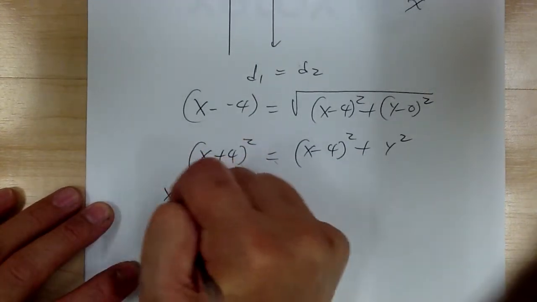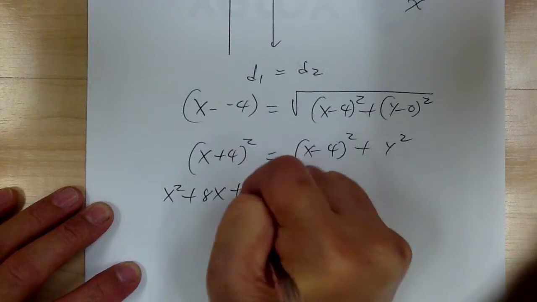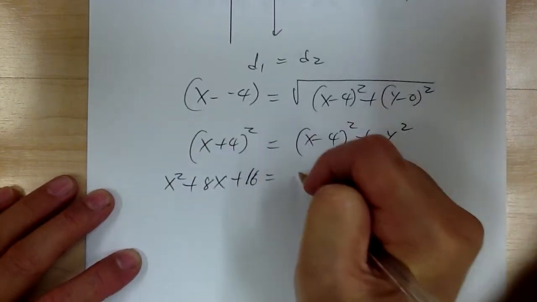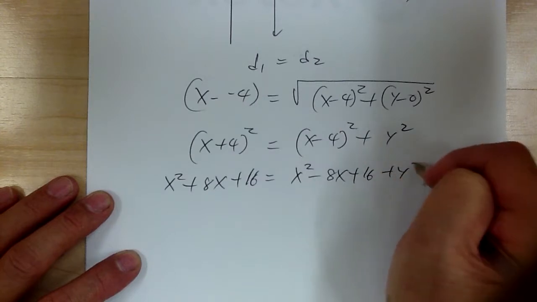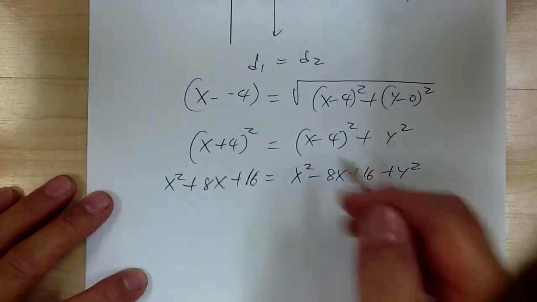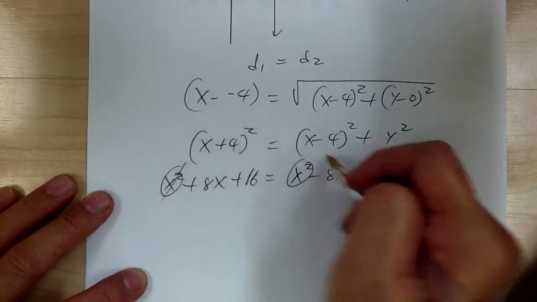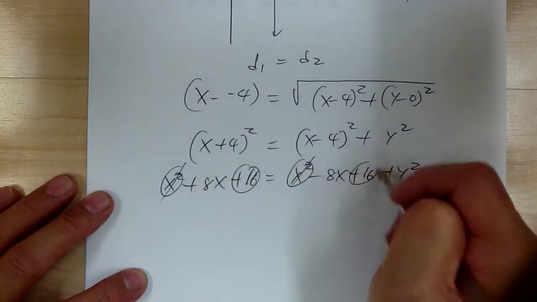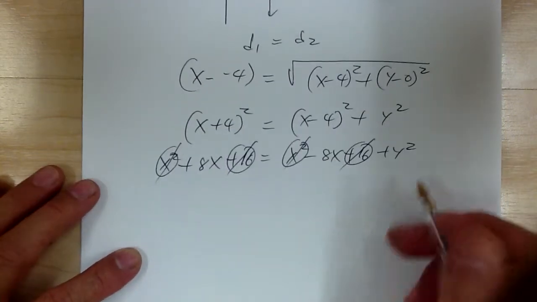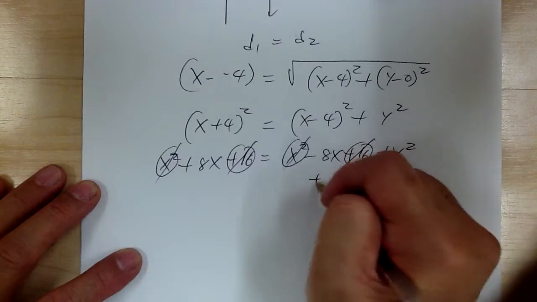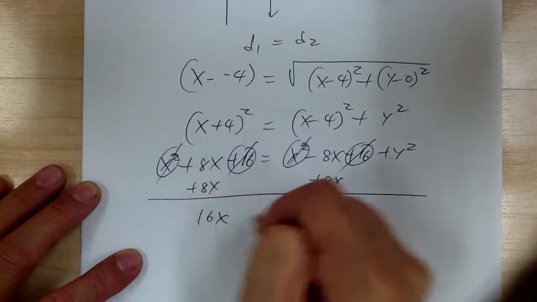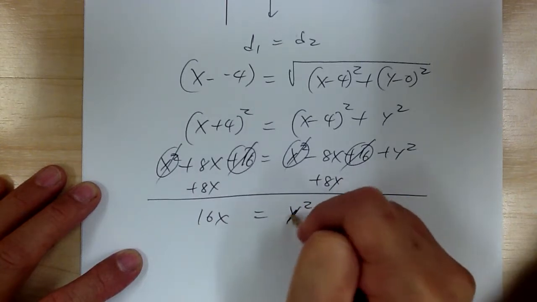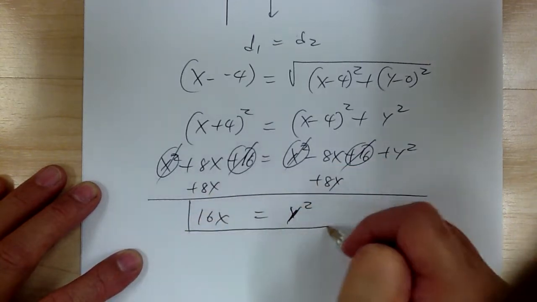So you've got x² + 8x + 16 = x² − 8x + 16 + y². So the x² cancels out, the 16 cancels out, and I'm going to move the x to the other side. So plus 8x, so I have 16x = y², and that's it.